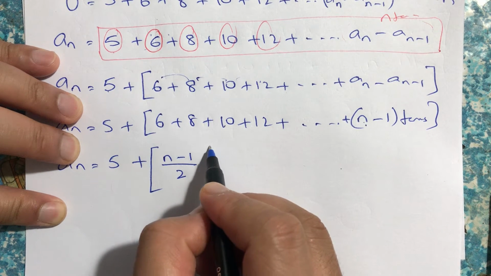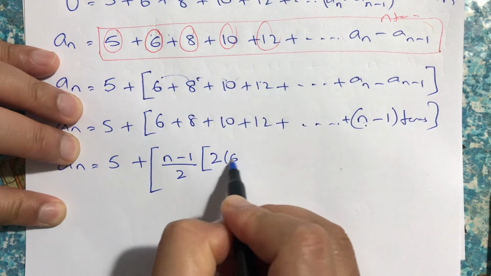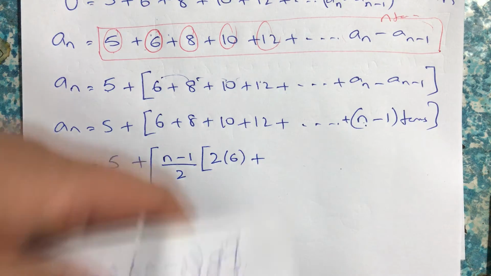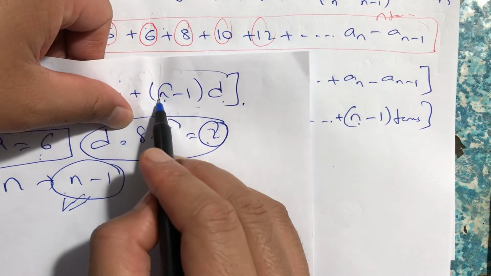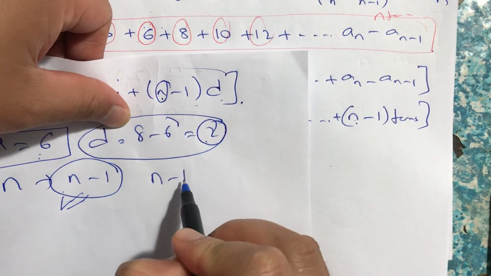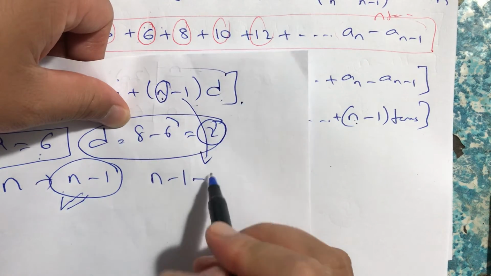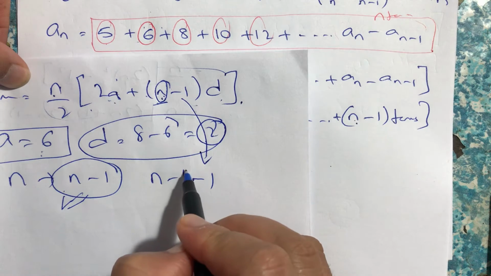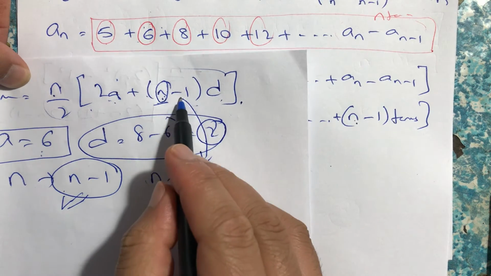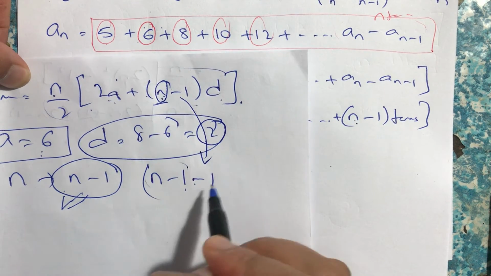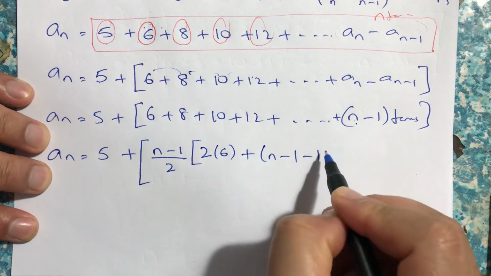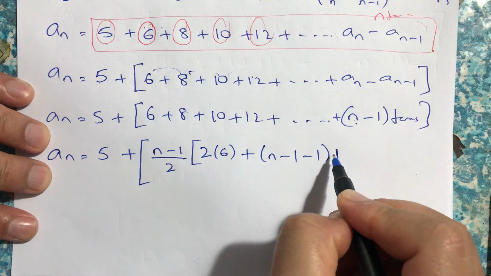And then what do we get? 2a plus n, and the formula says n, so instead of n, I will put n minus 1, and the minus is already there, and 1. So we have plus n minus 1, and the d is 2.